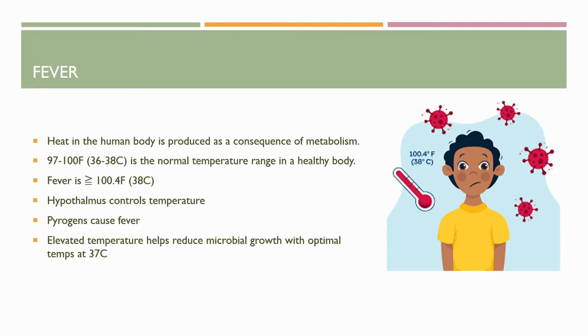The reason you get a fever when you have an infection is that your body is trying to reduce microbial growth, and the elevated temperature helps with that. So obviously if you have a fever, that means there's some sort of infection going on, so it's important your body is responding in that way. Inflammation and fevers are similar processes.